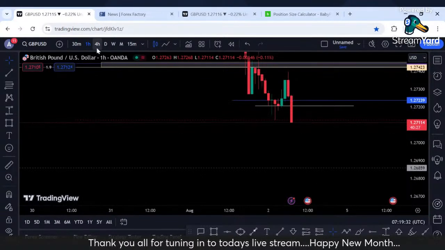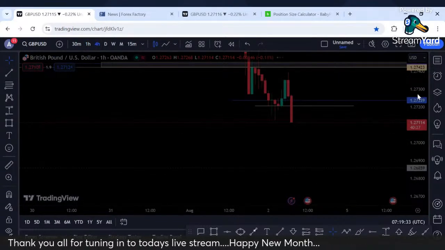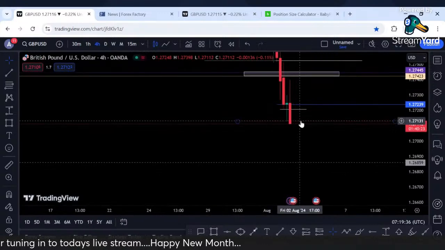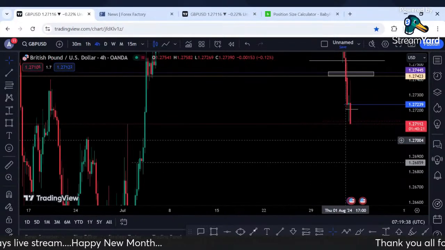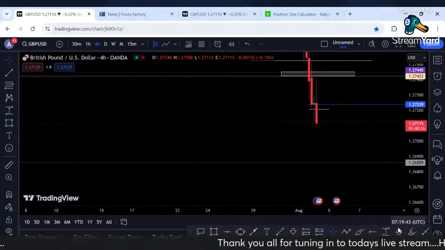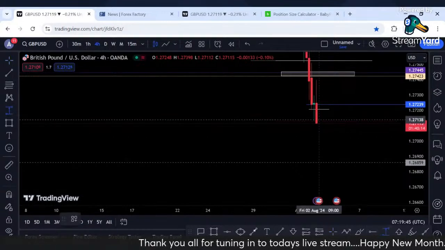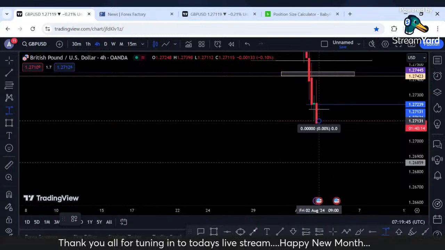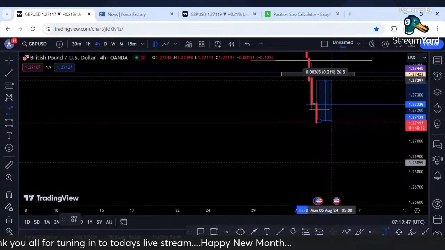I wanted to take a sell over here, the flip of this one. By looking at price now, if you take a sell over here, price is too low for my liking.